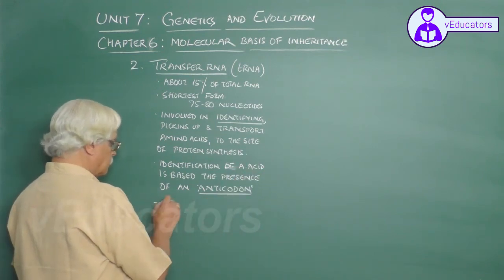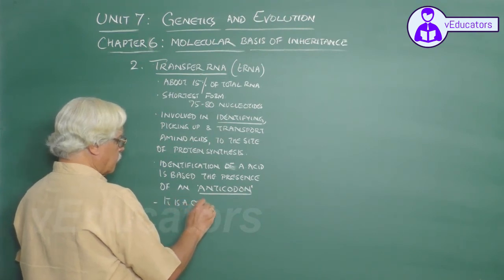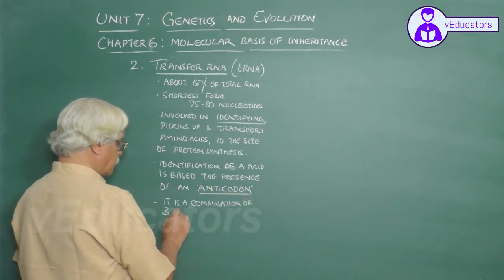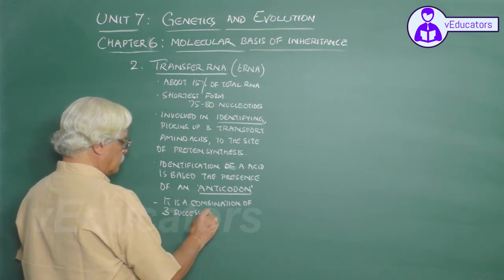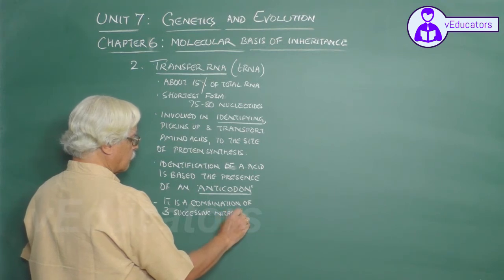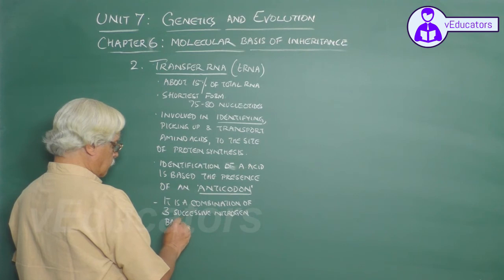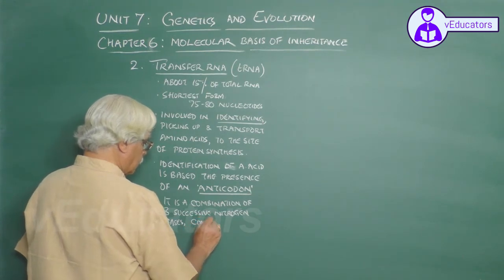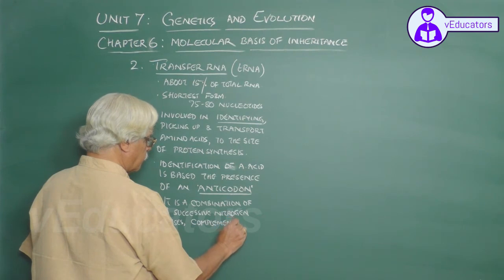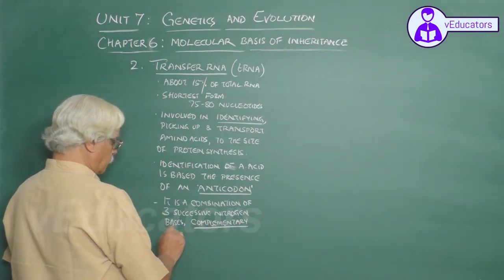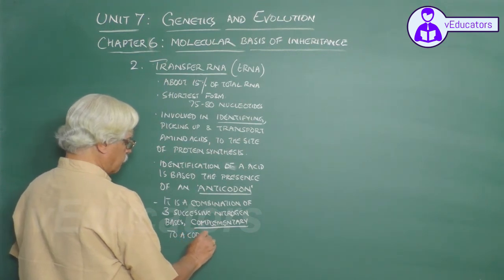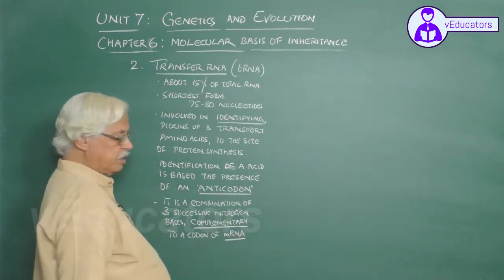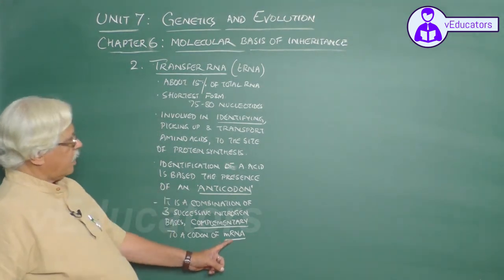That means this anticodon is a combination of 3 successive nitrogen bases complementary to a codon of mRNA.